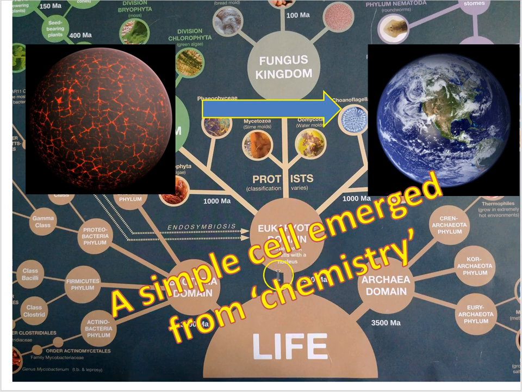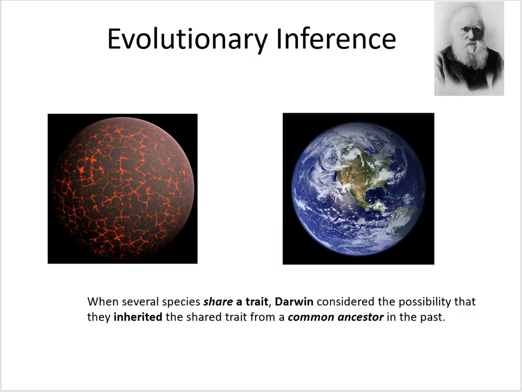Because if you give a simple cell 4 billion years to reproduce and change over time, modern biologists are arguing what you end up with is planet Earth today, with millions of different species. Now we can think of this idea in terms of an evolutionary inference, again attributed to Charles Darwin.